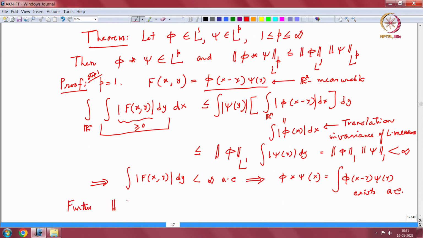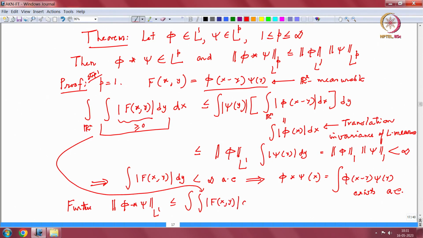And further, the norm estimate follows from just one thing: the L1 norm of phi star psi is less than or equal to the integral of this integral. So, you write the integral of phi star psi of x, that one step I have skipped, dx. Because the L1 norm of phi star psi is the integral of the modulus of phi star psi.